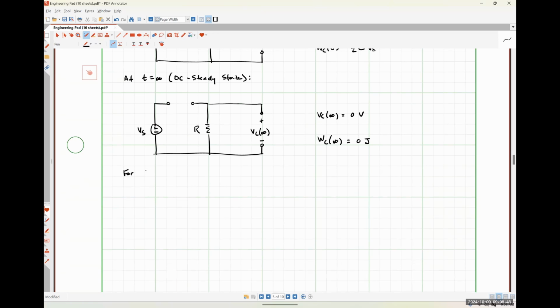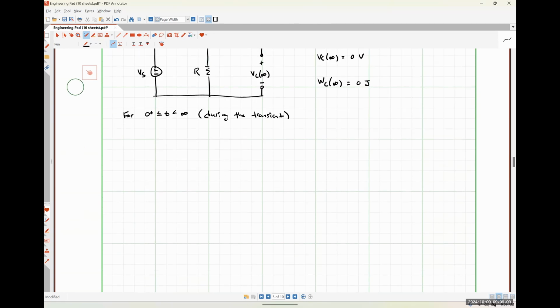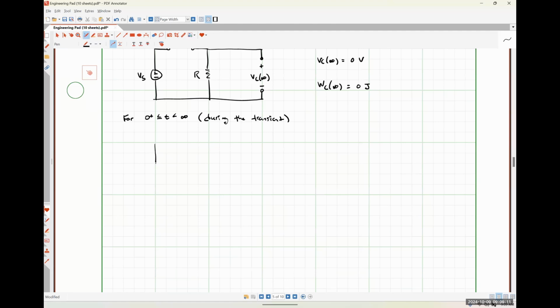So for 0 plus is less than or equal to t is less than infinity, although the less than or equal would be just as valid there. So this is during the transient condition. Our circuit would look like this.